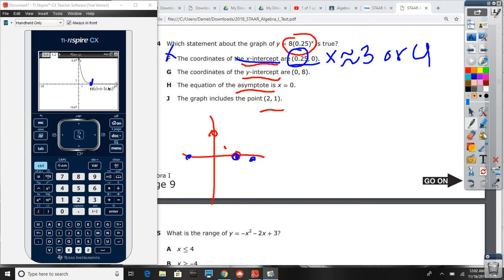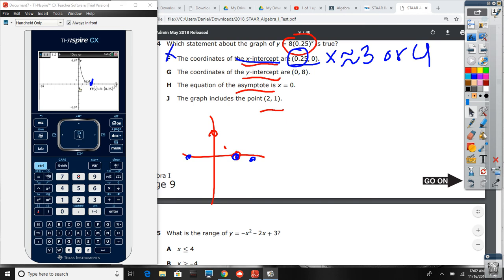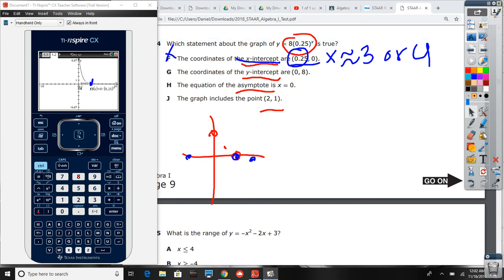And then the coordinates of the y-intercept are 0, 8. So notice that the graph only goes up to 6.67, but we can fix that. Okay, we can make it go a little bit higher. If you get that little hand and click on the axis and drag, okay, it's making it smaller, let's drag up, and now we can go ahead and see up to 10, right?